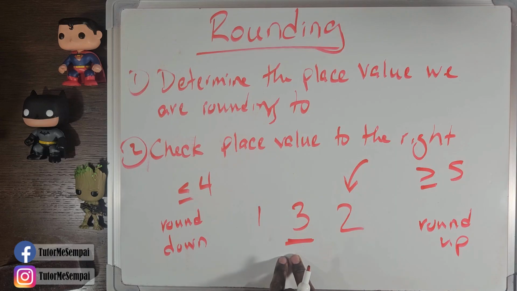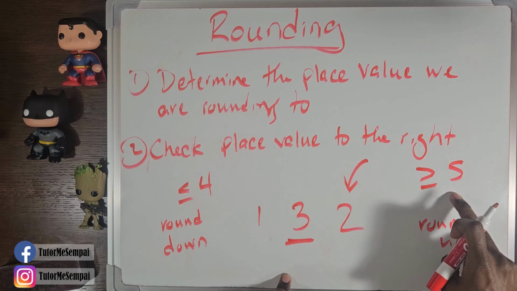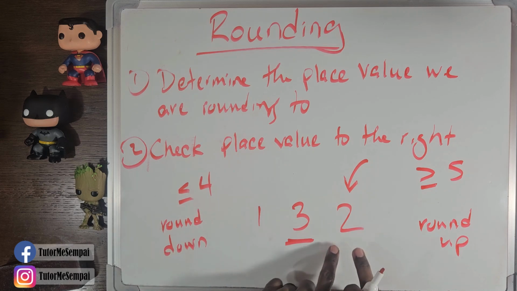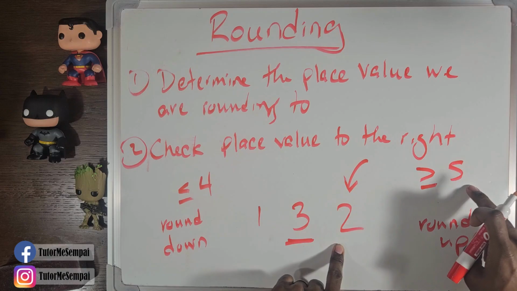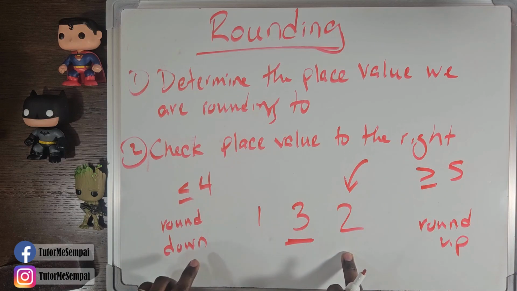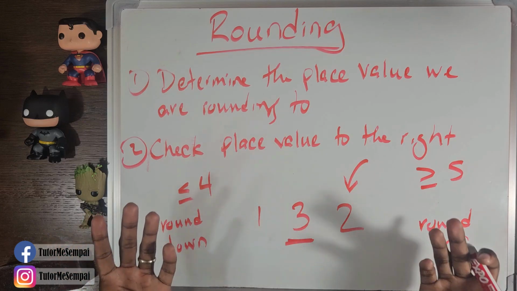So when we look to the right of where we're trying to round, we look at this digit. Is this greater than or equal to 5, or is it less than or equal to 4? If it's greater than or equal to 5, we round up. If it's less than or equal to 4, we round down. But what does rounding up and rounding down mean?